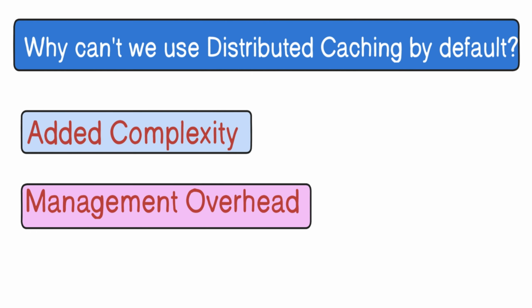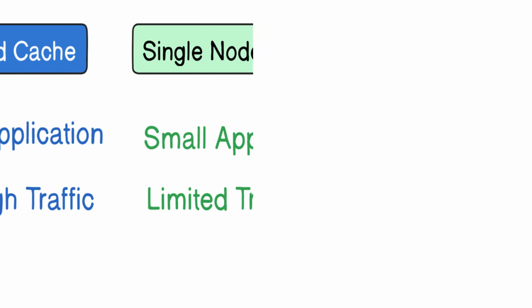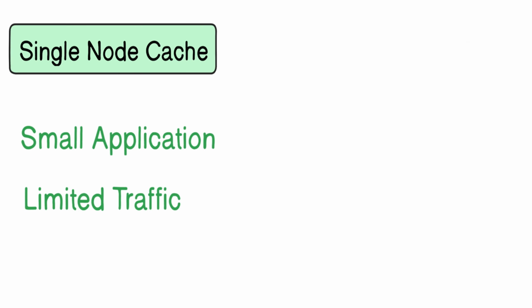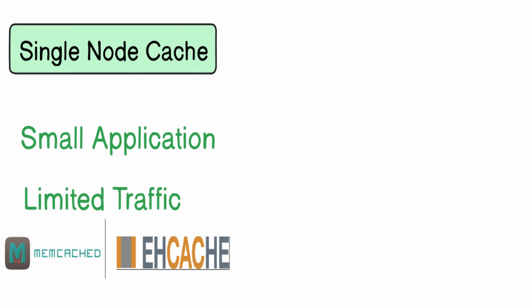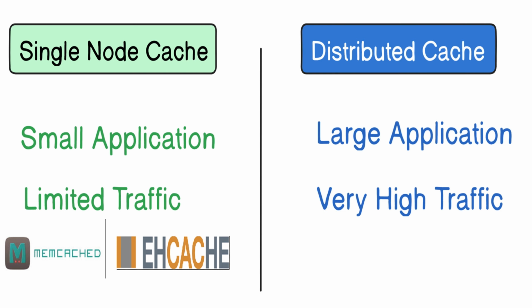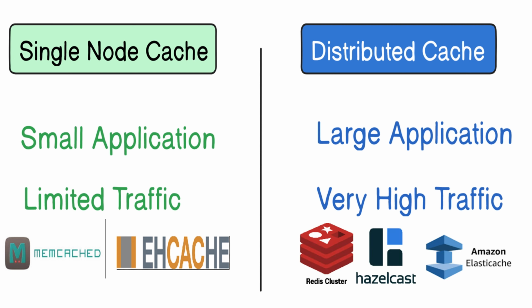Similarly, distributed caching is great, but it comes with added complexity and management. In case your application is small and has very limited traffic, a single node cache like Memcached or EHCache might be enough. But if you are running a high traffic system like Netflix, Amazon, or Facebook, then a distributed caching system like Redis Cluster, Hazelcast, or Amazon ElastiCache is the way to go.